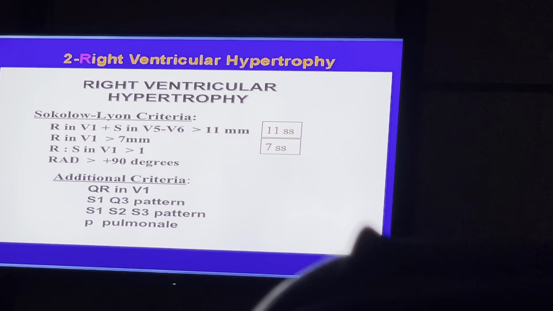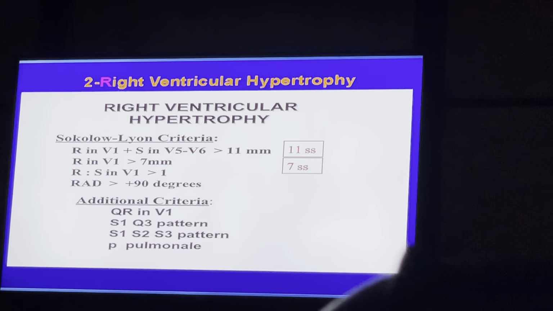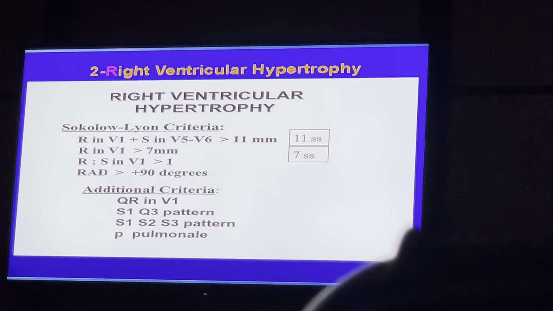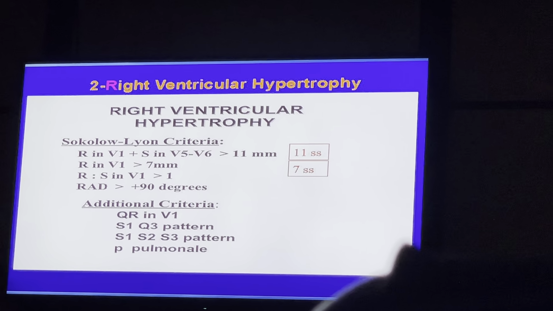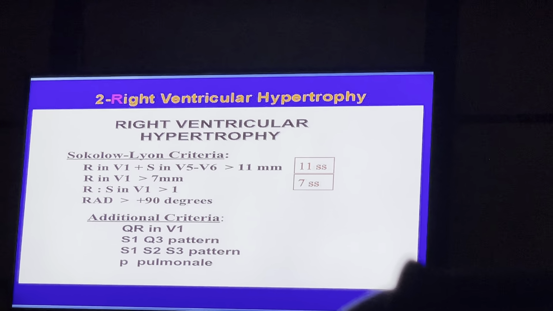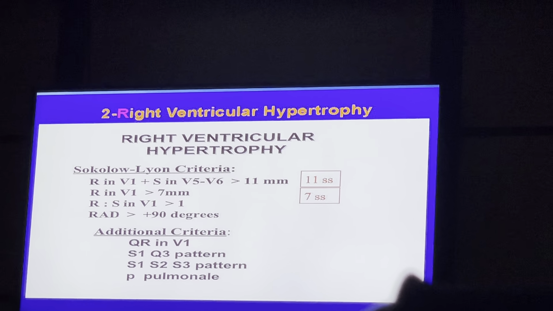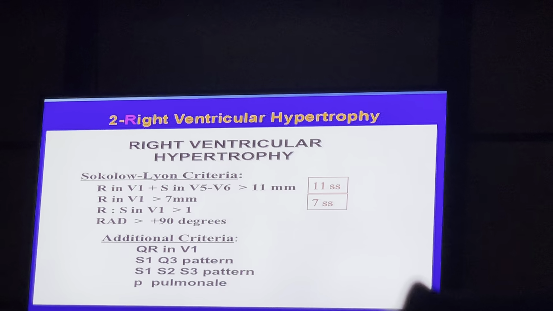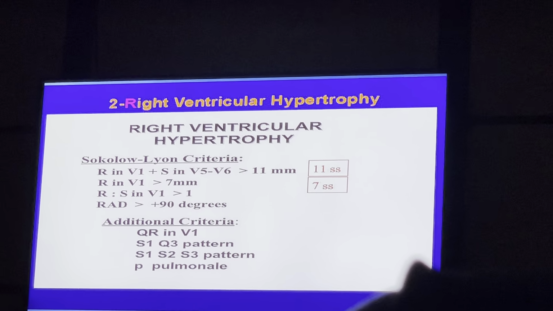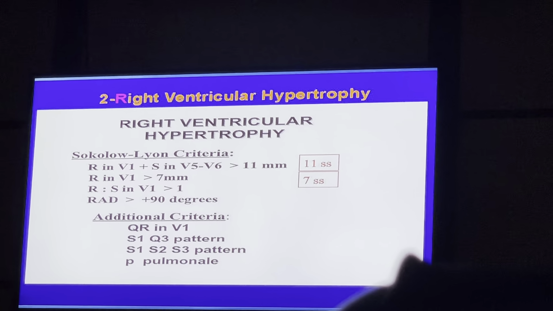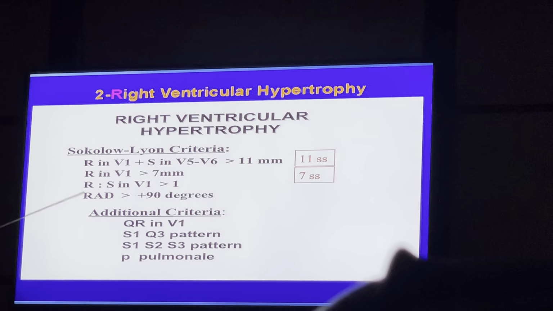Next. Right ventricular hypertrophy: the same as when the load increases on the left ventricle it causes LVH, when the pressure increases in the right ventricle, which may be in pulmonary hypertension or pulmonary stenosis, there is right ventricular hypertrophy. There are also different criteria. You can just remember one or two.